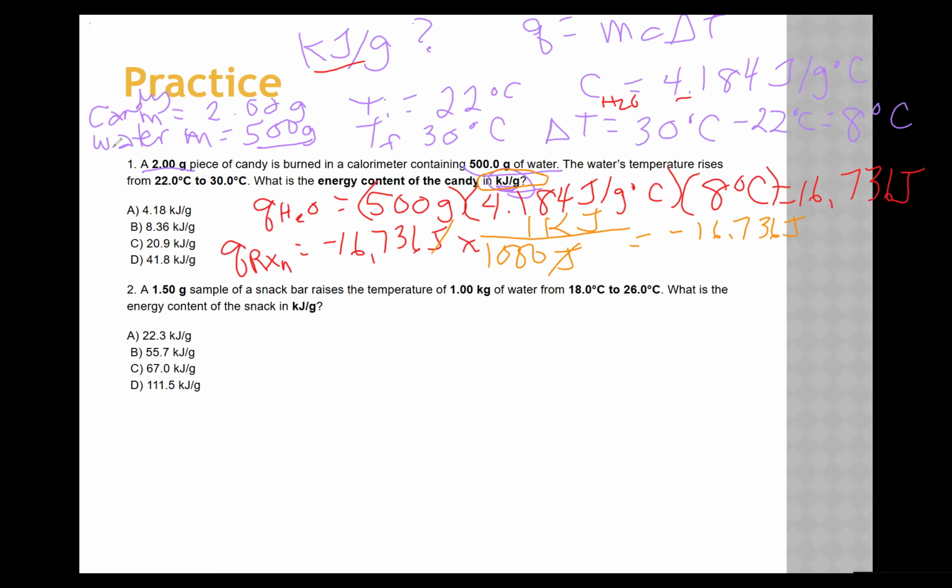But I need it in kilojoules per gram. So that means I need to take my answer and divide it by how many grams I have of that candy. And I have 2 grams.